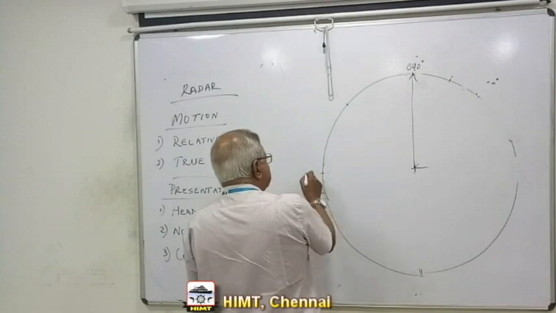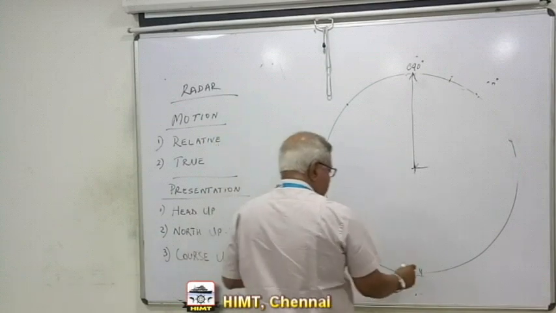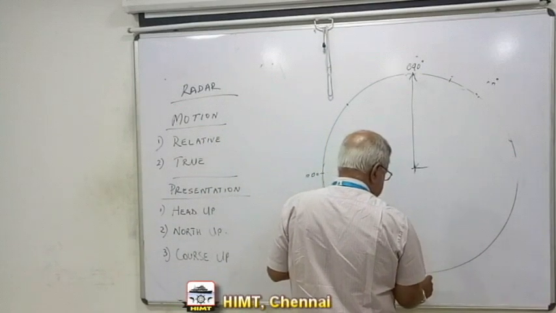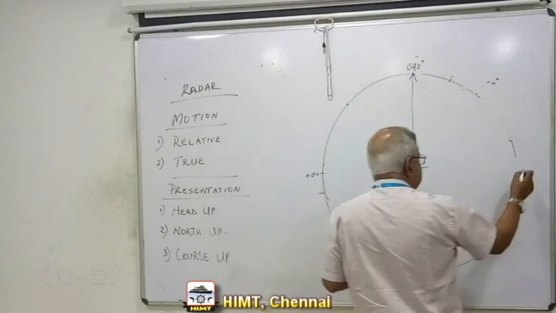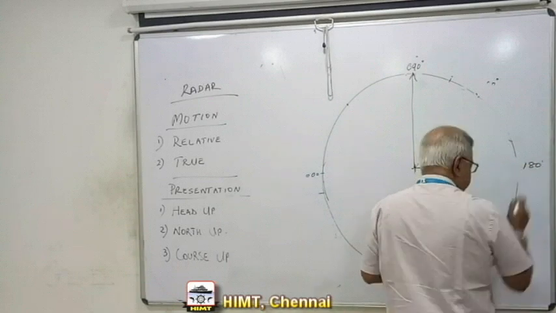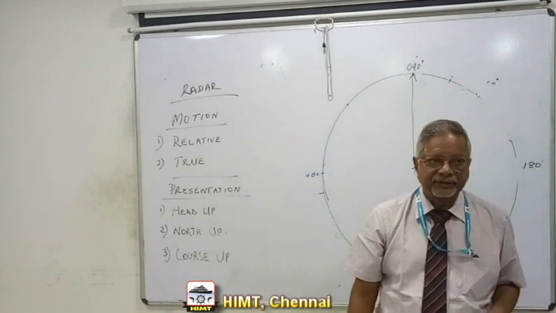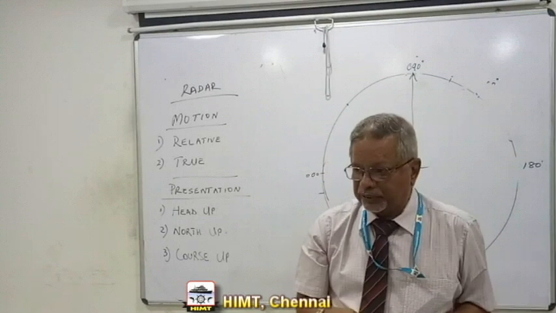Correct. 000, 270, and this is 180. Okay. The graduation is going to shift.